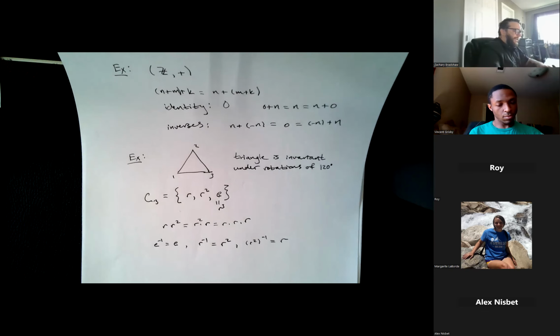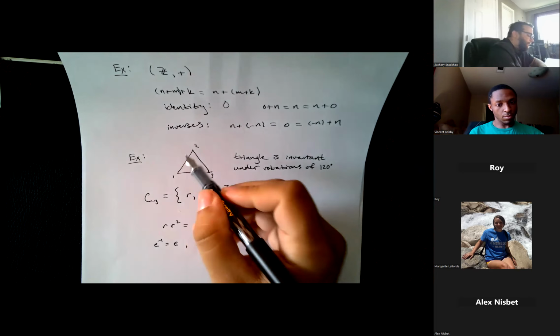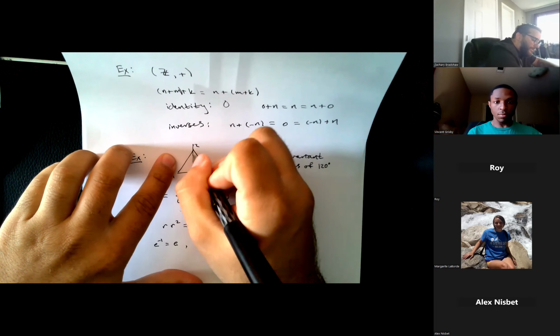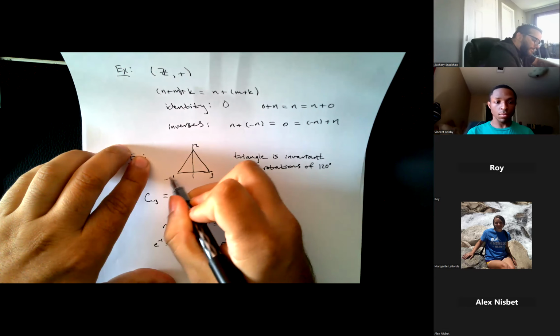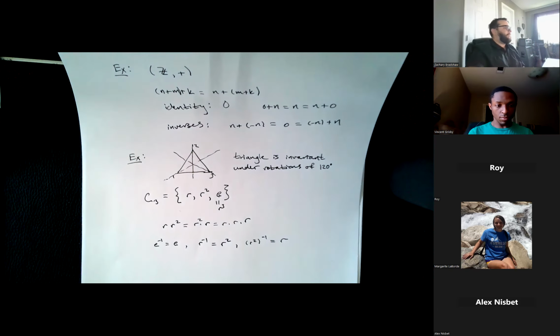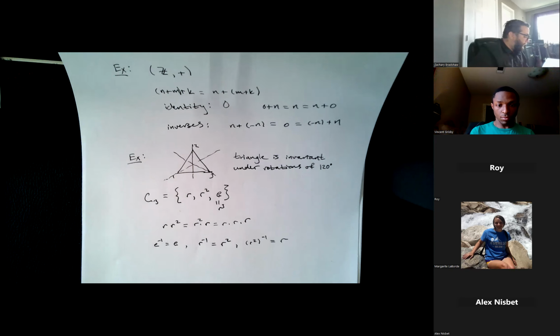So notice that our triangle here is also left invariant by a flip along one of the following axes. Pretend I drew those straight. It's also invariant by flipping across one of these axes. It looks exactly the same.